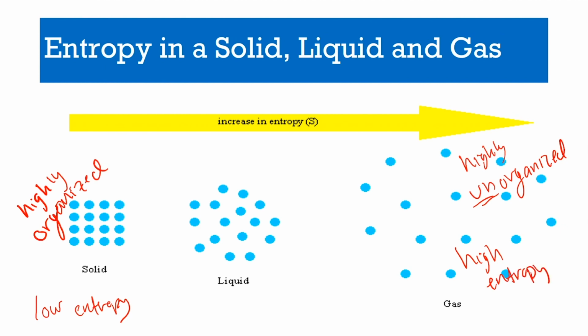So as you're moving from a solid to a liquid to a gas, you get more and more random, more and more unorganized, a higher and higher entropy.